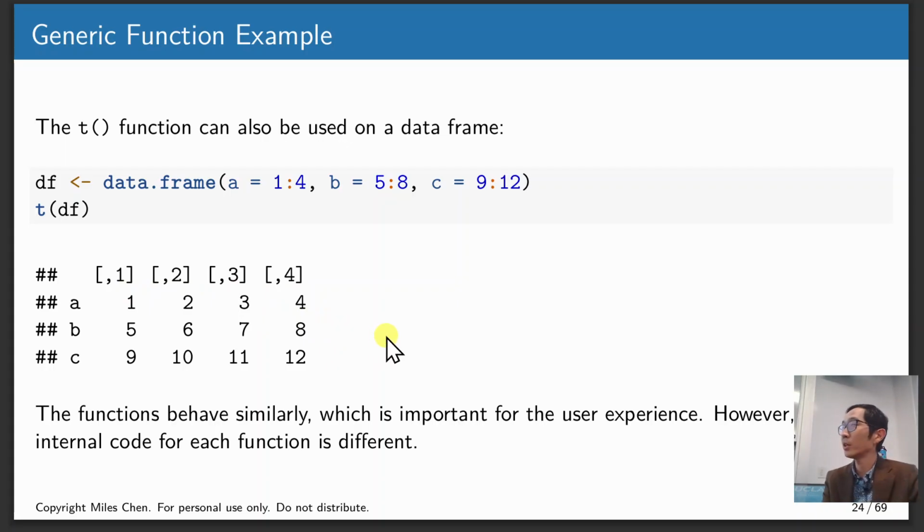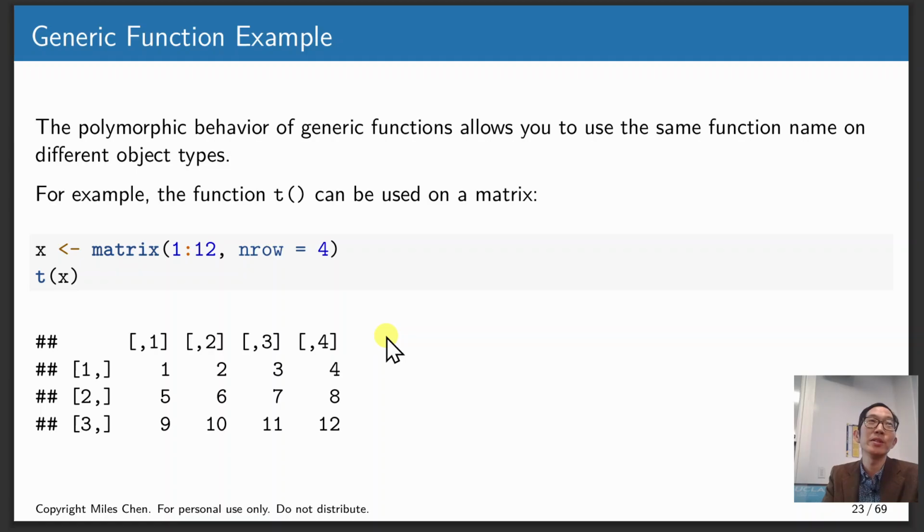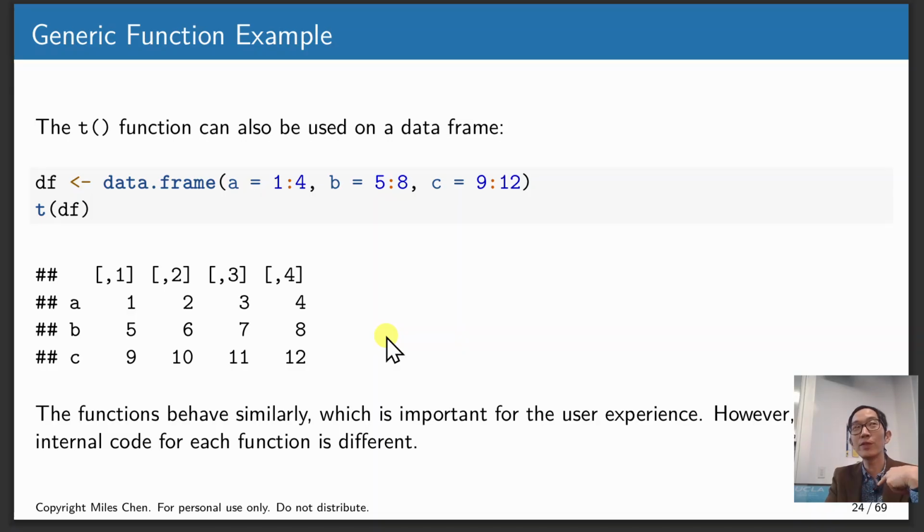Okay, but again, internally, think about the coding challenge that it would be if I said, hey, I want you to write a function t that's able to handle a matrix, which is stored internally as a vector with dimension attributes, and I also want it to be able to handle data frames, which are internally stored as lists with vectors of the same length.